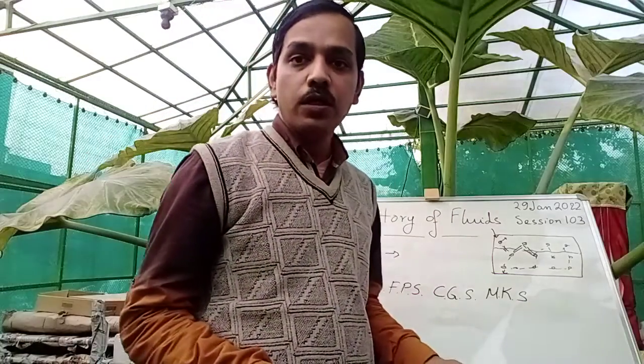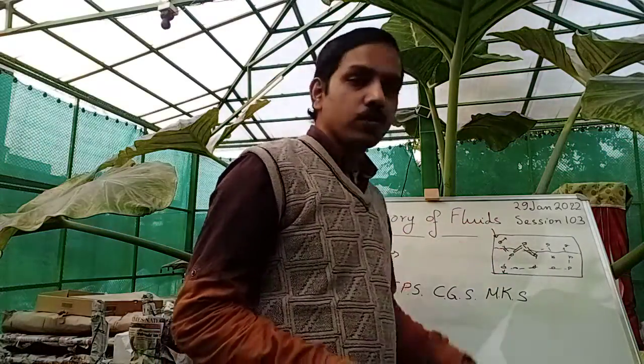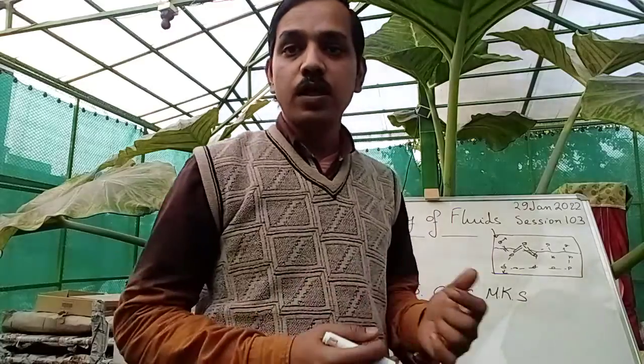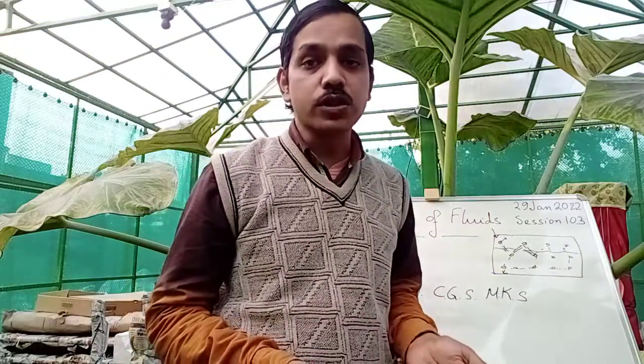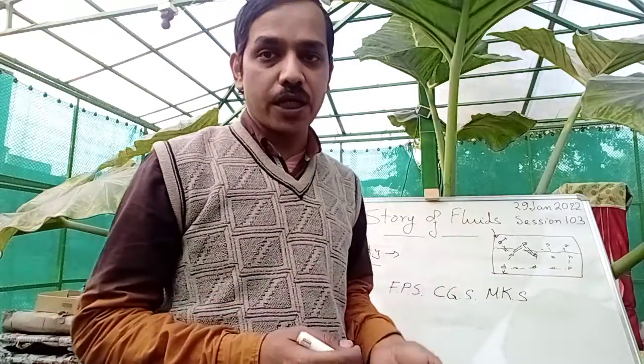You cannot ensure that everywhere the number of molecules we are putting in is the same, because there is always some internal motion, some random motion that generally happens. So what is the average condition?